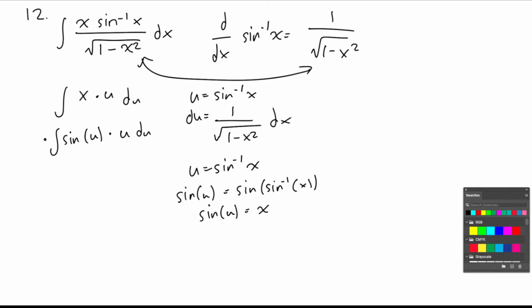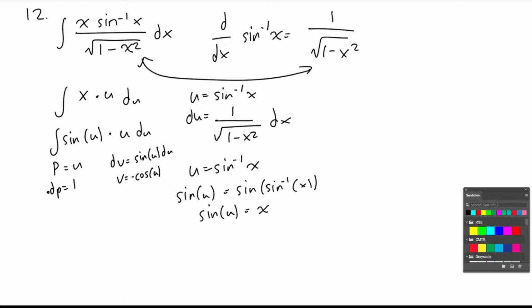Okay. Now we can integrate this by parts. Do we need to? I'm not sure. Let's just do it in case. p equals u, dv equals sine u du, v equals negative cosine u, and dp equals 1.